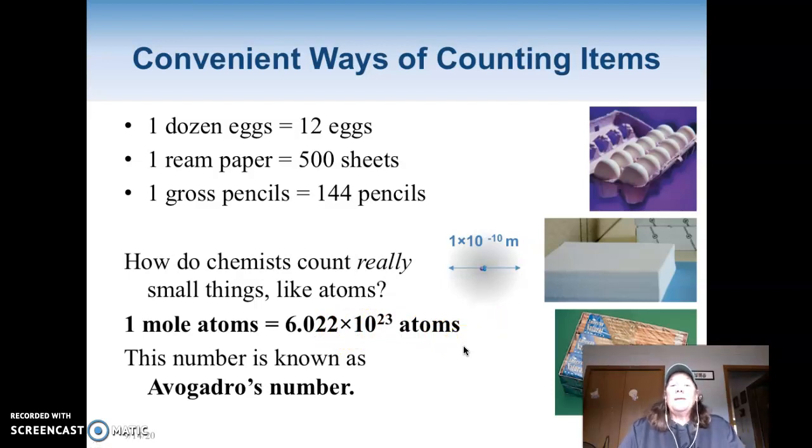They figured out mathematically, there's no way anybody counted. And the guy that did it, his name was Amadeus Avogadro. So it's Avogadro's number. Avogadro's number is the number of atoms in 1 mole of any substance. And it doesn't matter what substance it is, okay? If you're talking about an element, a compound, whatever. If you have 1 mole of any substance, that's how many atoms you have in it.